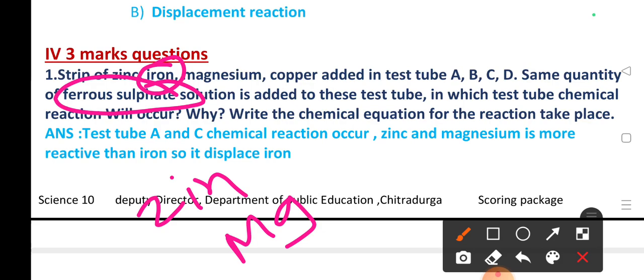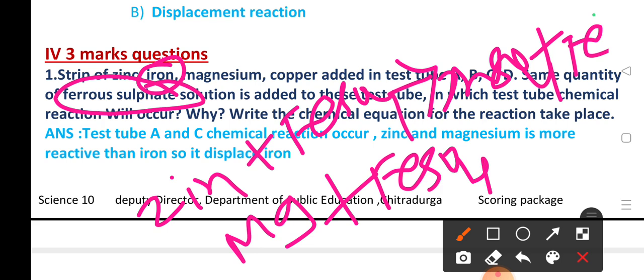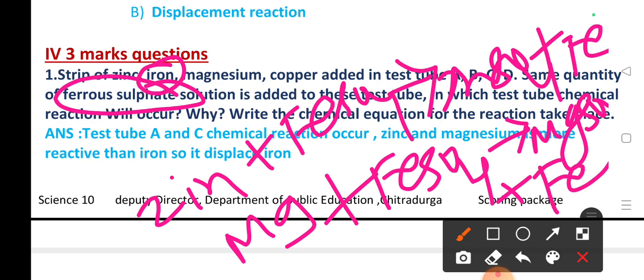That's why zinc reacts with the iron sulfate solution. What does it give? Zinc sulfate, with iron separating. In the next case, magnesium reacts with the iron sulfate. What does it give? It gives magnesium sulfate with displacement of iron. Why?